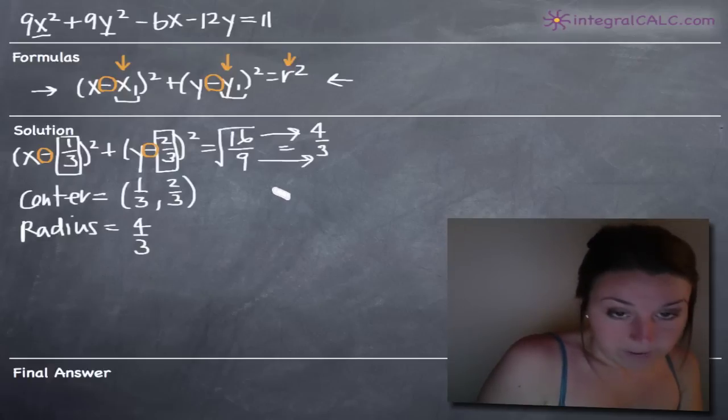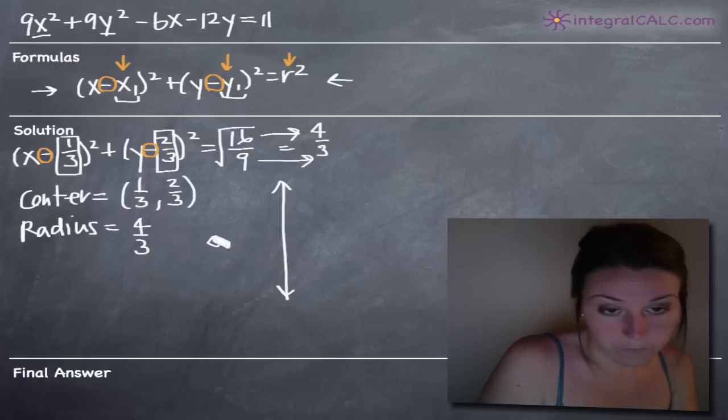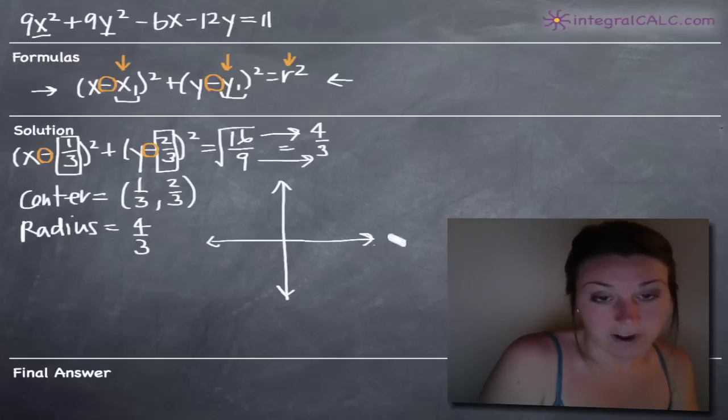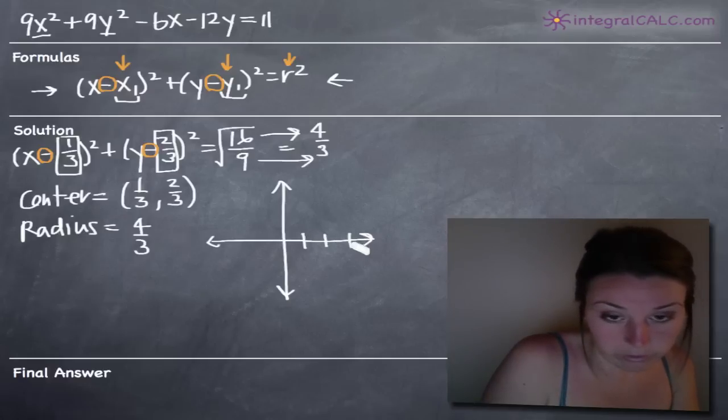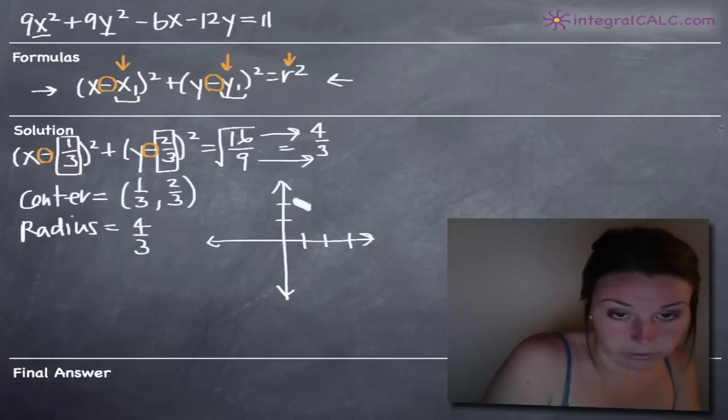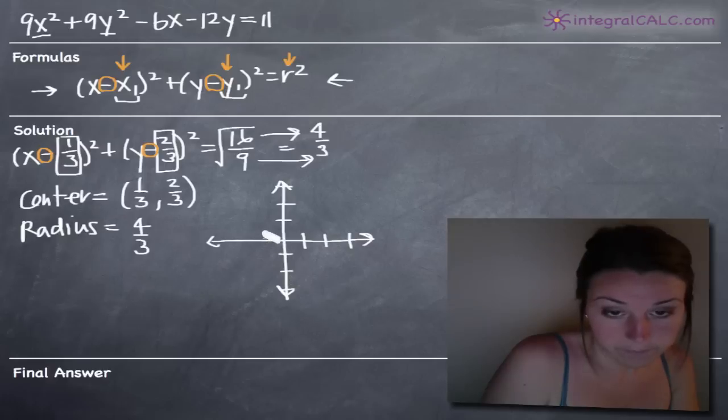So knowing that information, we can then graph our circle. So we'll mark off our axes in increments of 1/3. So there's 1/3, 2/3, 1, and so on.